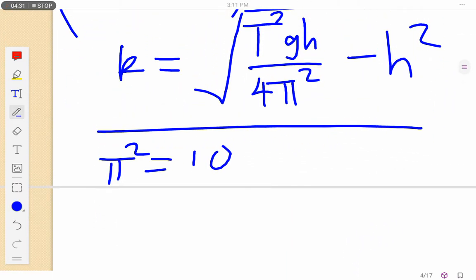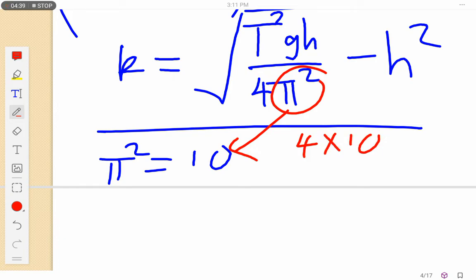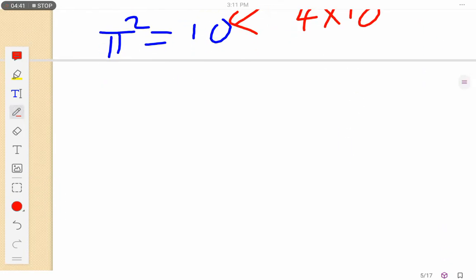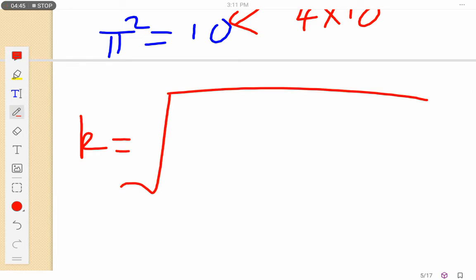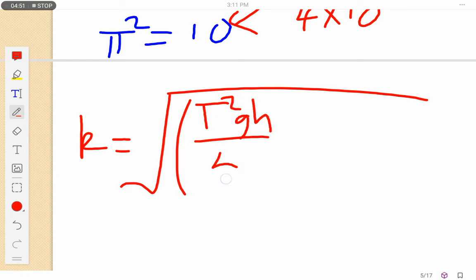So we are simply going to substitute here with a 10. When we substitute here with a 10, we'll get 4 times 10, and that becomes 40. So our k is equal to the square root of all of that, using a bracket: T squared gh over 40 minus h squared.